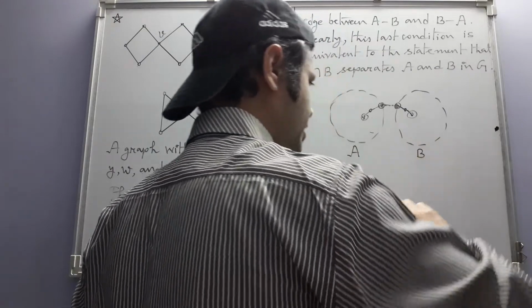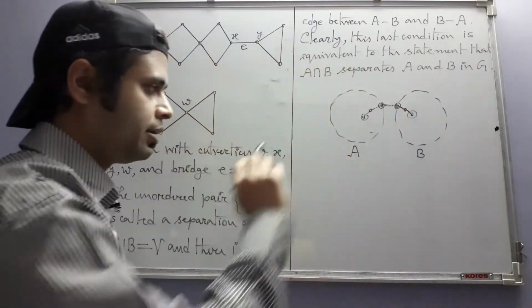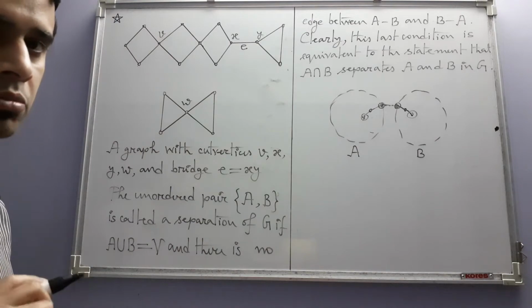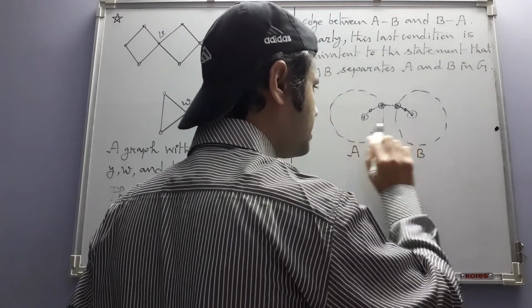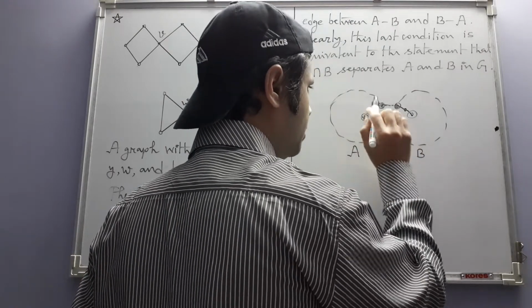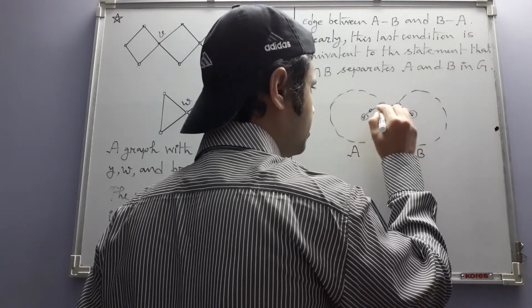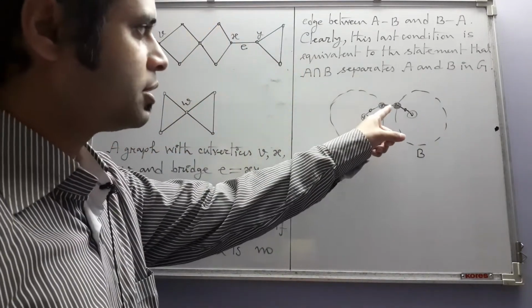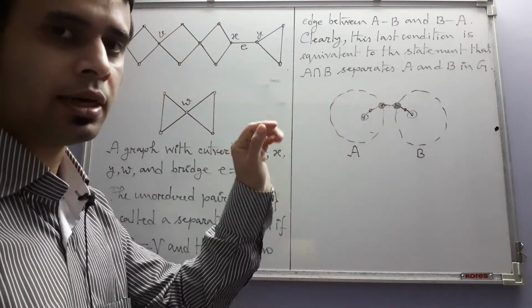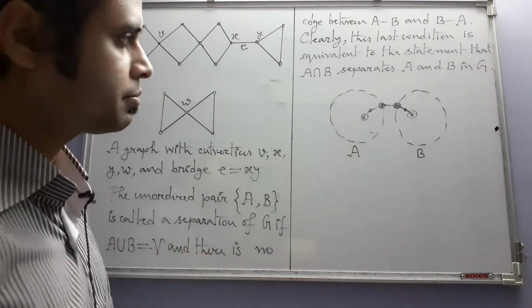Like that it does several times and then finally it lands at some vertex in B. That may be the case, but whatever the situation may be, we will always come across one edge, one of whose ends belongs to A and the other end belongs to B.